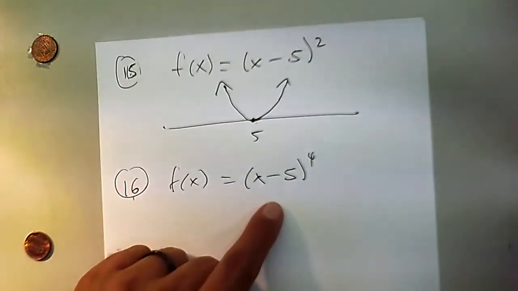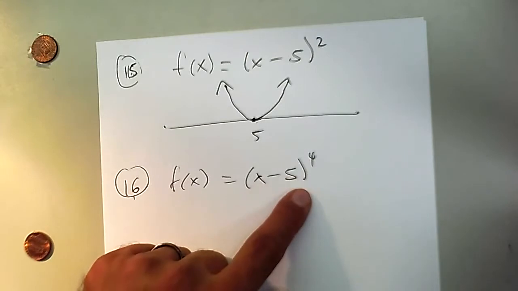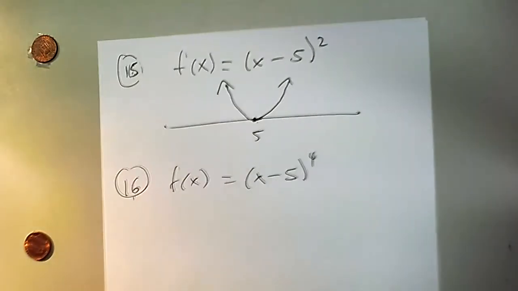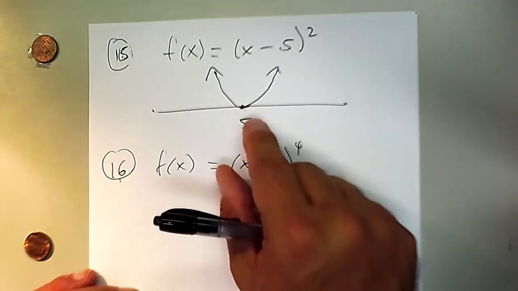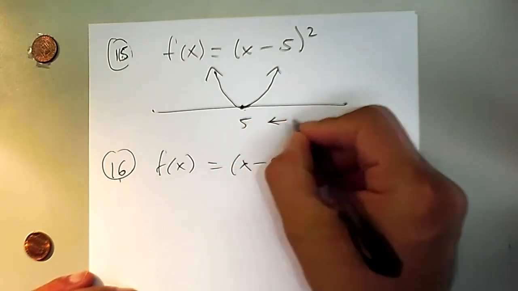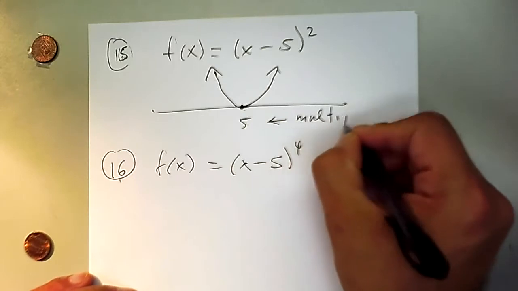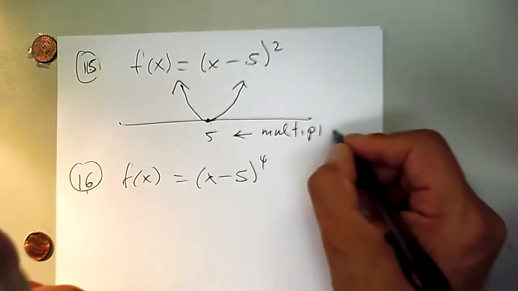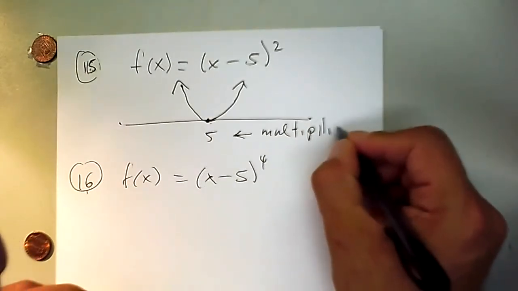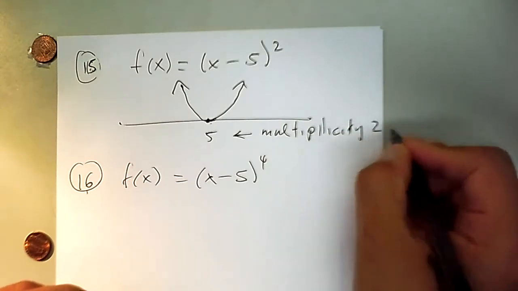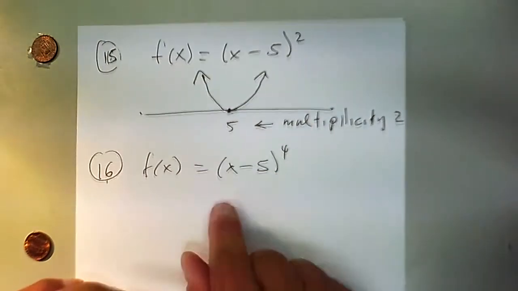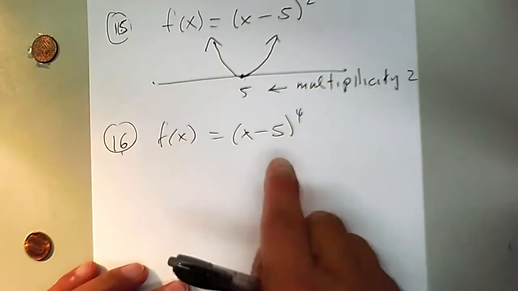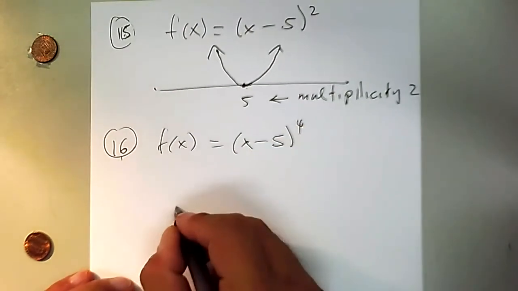We already saw what happens with x minus 5 cubed. By the way, this is a zero of multiplicity 2. Now the 5 is going to have multiplicity 4, sorry.